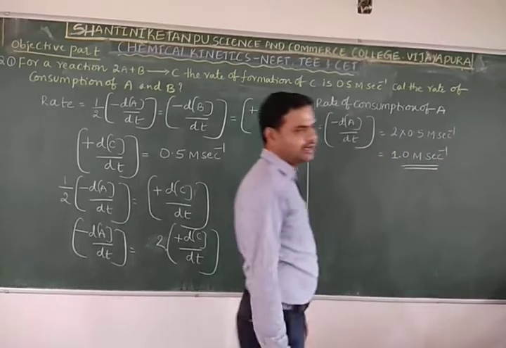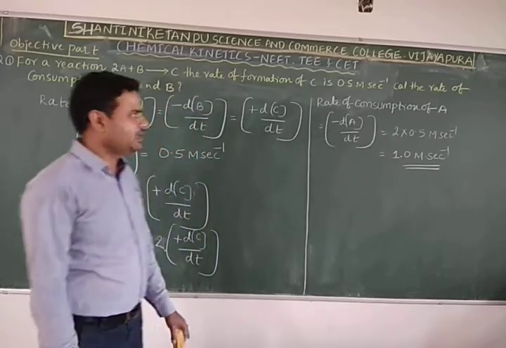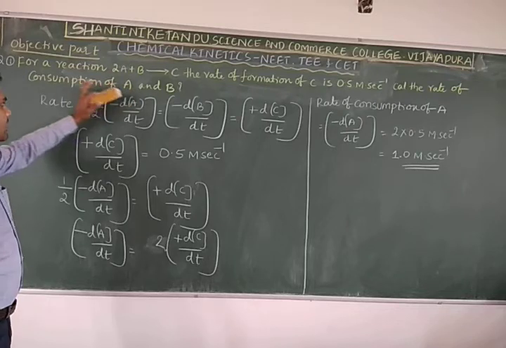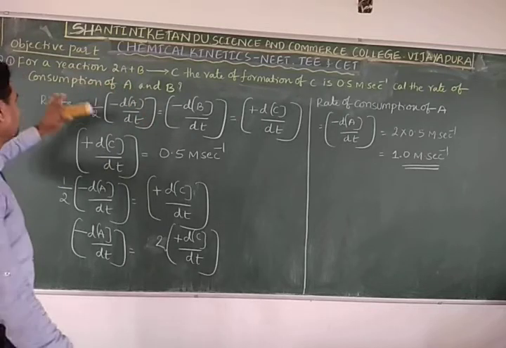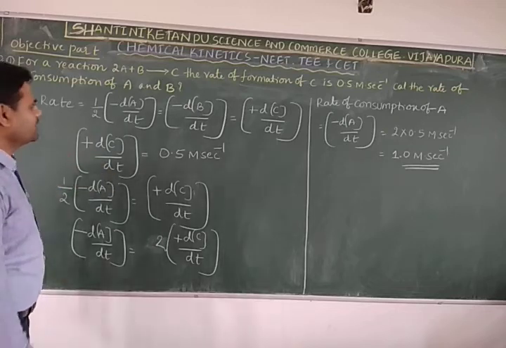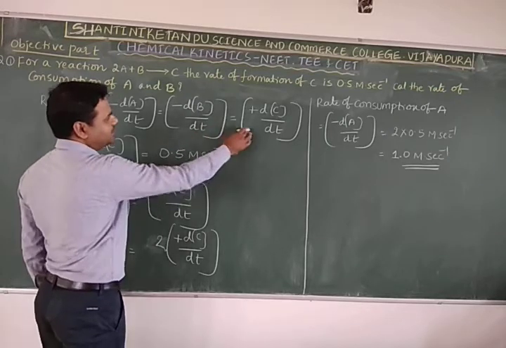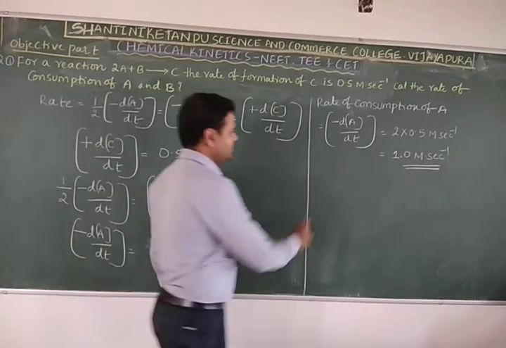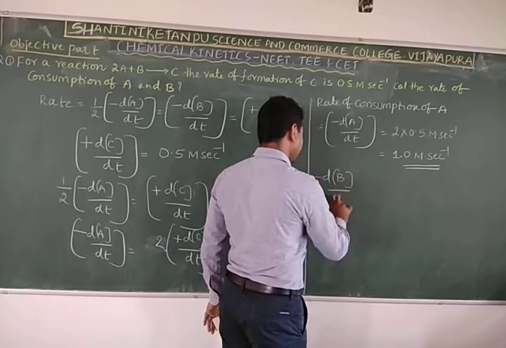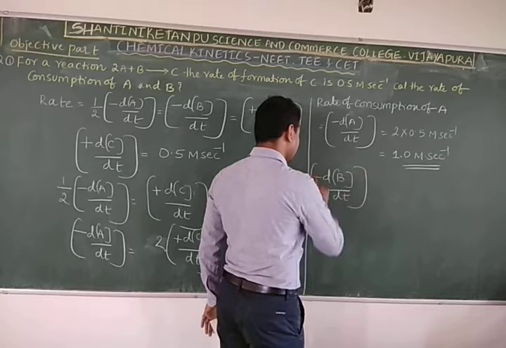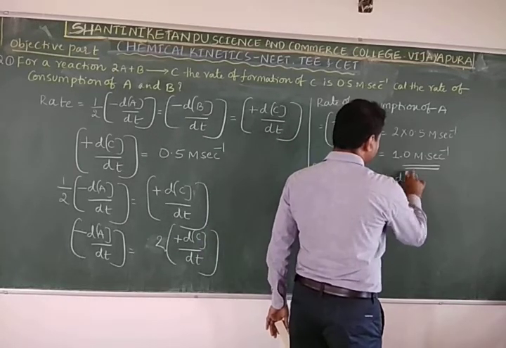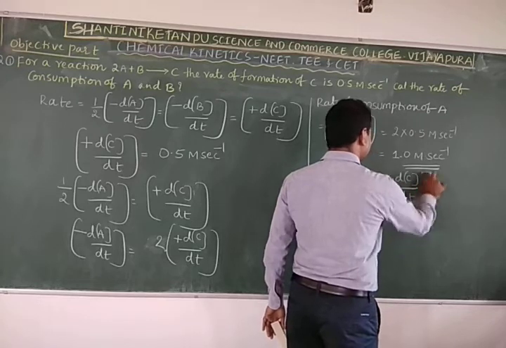We have calculated the rate of consumption of A, and we should also calculate the rate of consumption of B. How can you calculate it? This is the relation we have to take: minus dB by dt is equal to plus dC by dt.